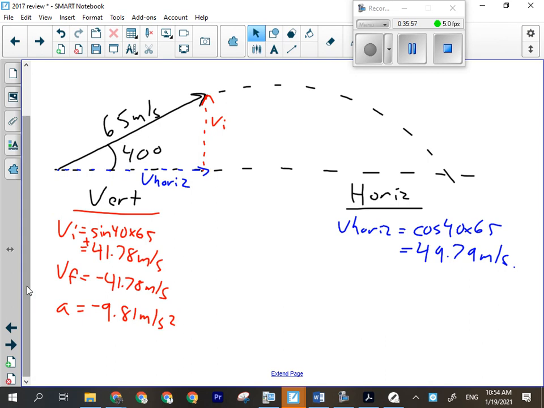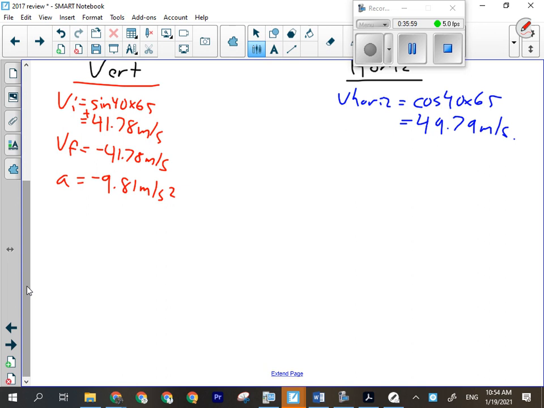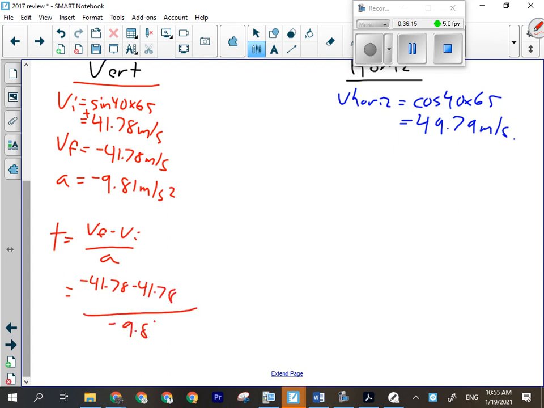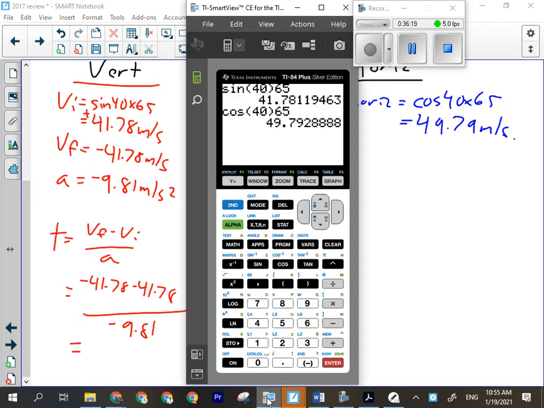Okay, what can I calculate with my vertical information right now? Time, okay, and that's what we always do. We're always looking for the time here, because the time applies to both the vertical and the horizontal parts. So VF minus VI over A will get me time, so that'll be negative 41.78 minus 41.78 divided by negative 9.81. In my calculator, I'm going to shortcut that a little bit.